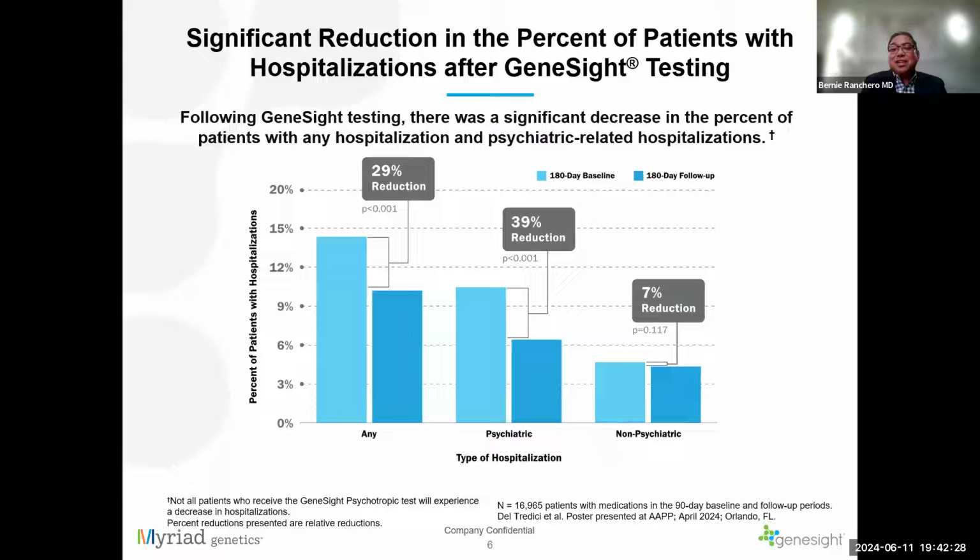But it gives me the confidence that when I tell a patient, you know what, this medication hasn't seemed to work for you, for your depression, for your anxiety, for your bipolar, why don't we GeneSight test you, which is an evidence-based way of looking at your genes and seeing how the medication is affected by your genes and how the genes are affecting the medications.